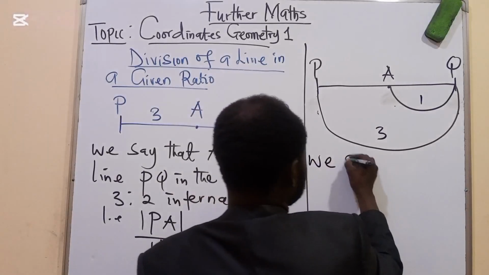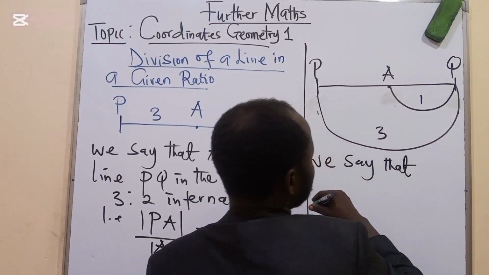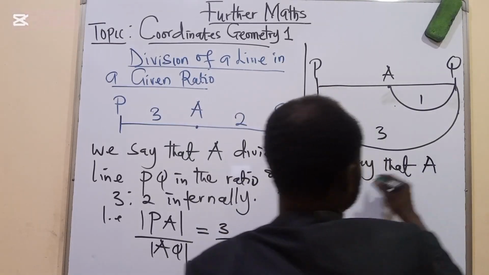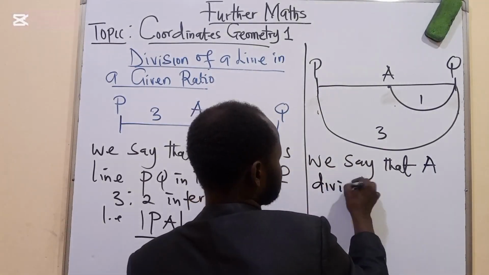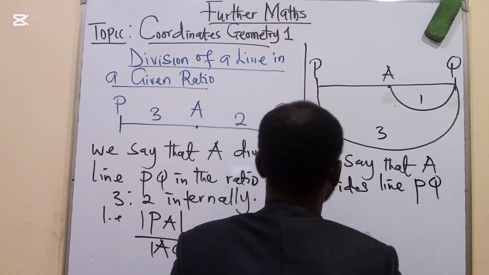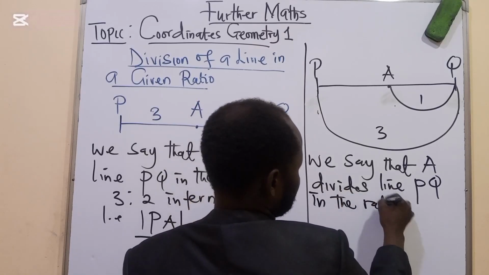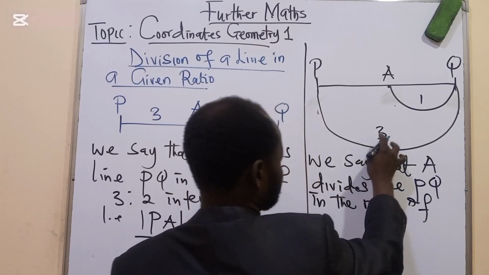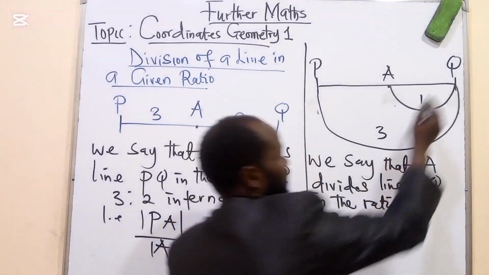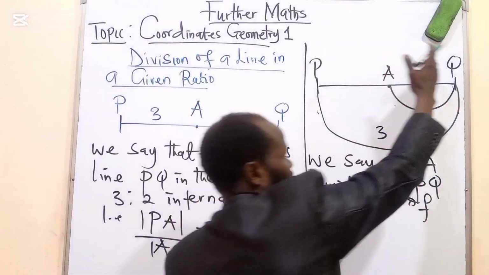We can say that A divides line PQ in the ratio of 3:1, because we are moving from Q to A, that is from left to right.